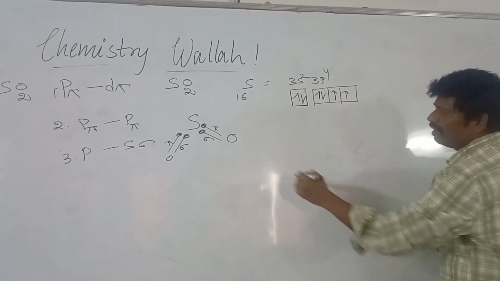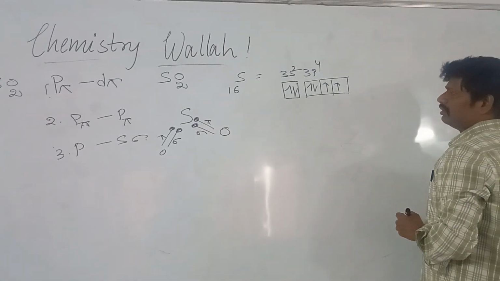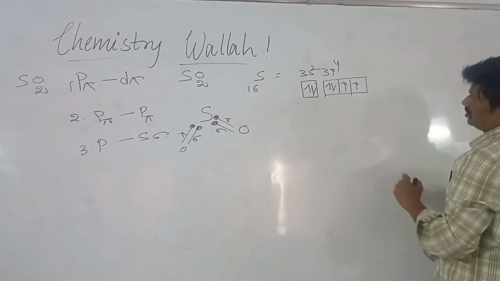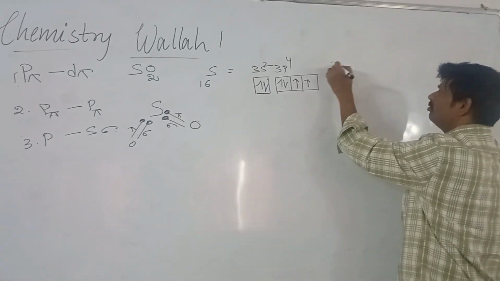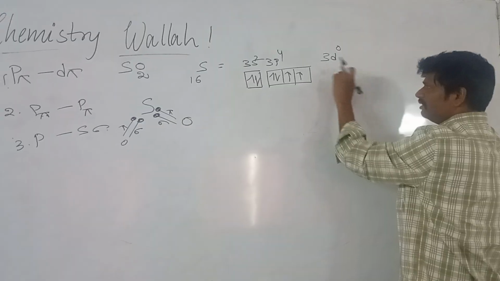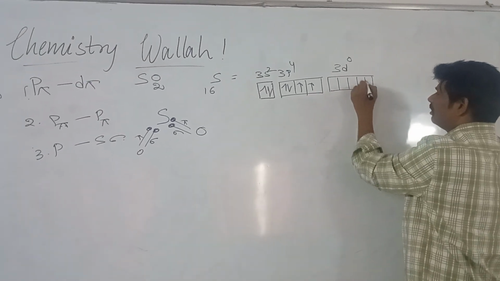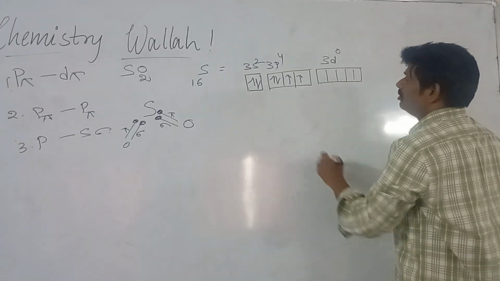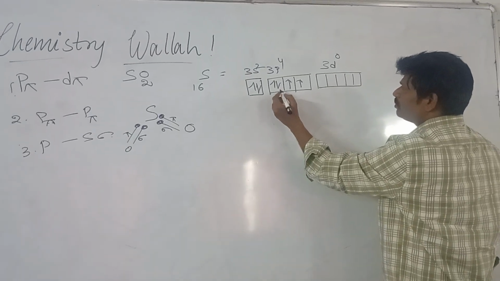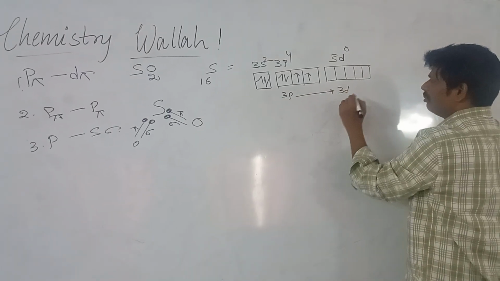But according to this diagram, we need 4 single electrons to maintain 4 bonds. There is a d orbital, so to expand and get 4 bonds, 1 electron is transferred from the 3p orbital to the 3d orbital.